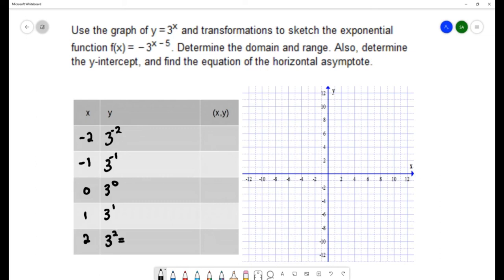If we simplify, 3 squared is 9. 3 to the first is 3. 3 to the 0 is 1. 3 to the -1 is a third. 3 to the -2 is a ninth. So that gives us this set of ordered pairs to start with.